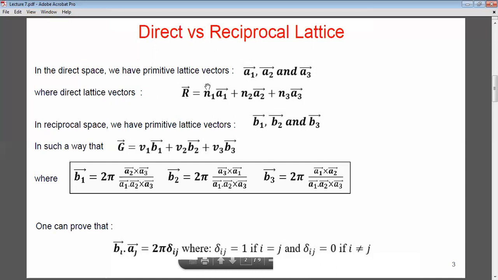Now, for each direct space, there is a reciprocal space. There is a reciprocal space where it also has its own primitive lattice vectors.